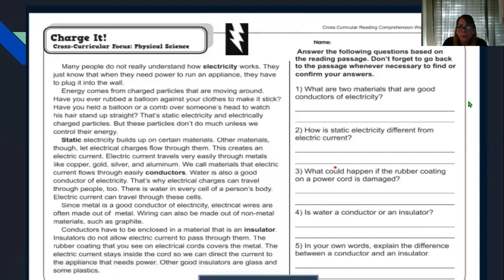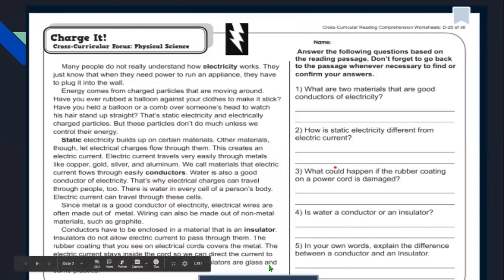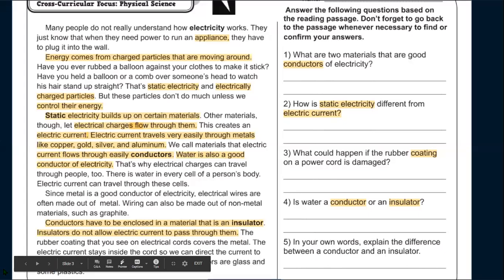I am going to minimize me though, so I can read everything, but you'll still hear me talking. So this is the Charge It. Get your copy out and you can follow along with me as I read it. I like to go to the one that I've highlighted. We all highlight different things; we don't all have identical annotation styles.